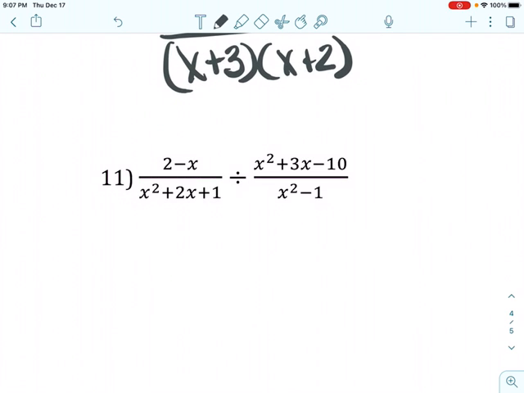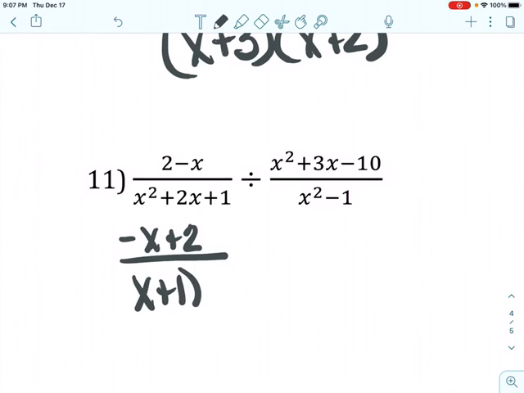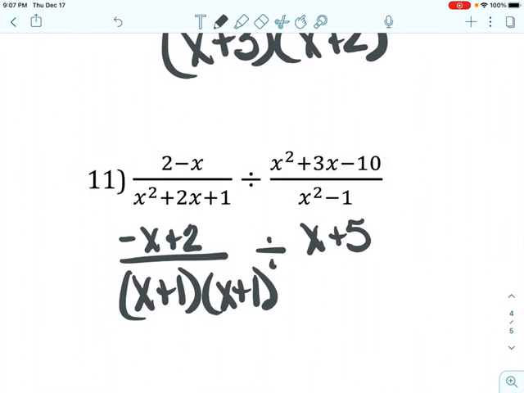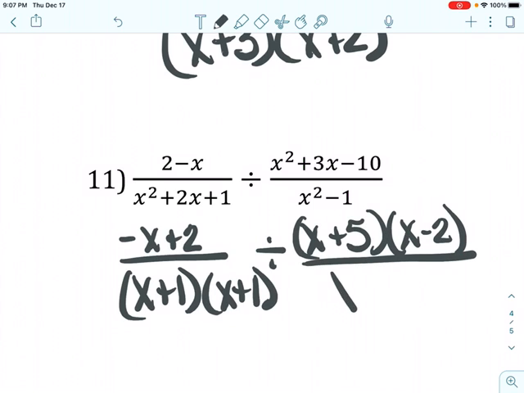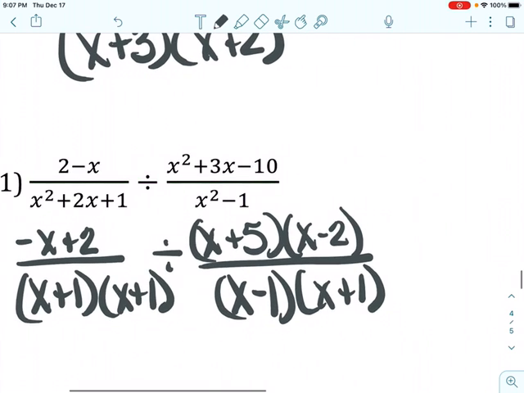And then you can try these. Notice, again, they have that 2 minus x. I always want to flip that around. Okay, so let's write our restrictions.